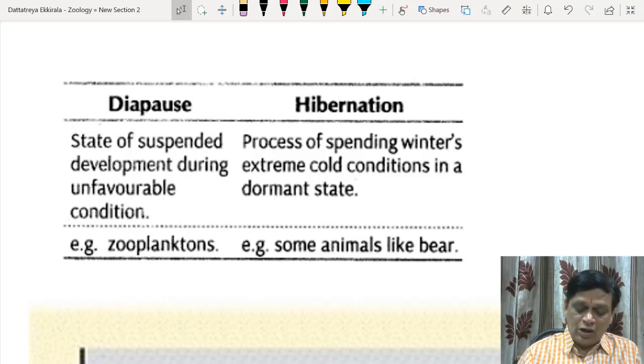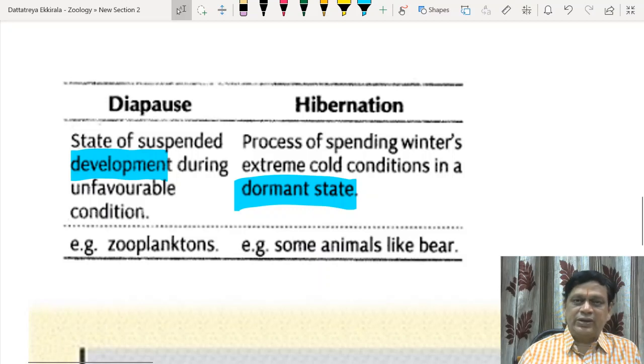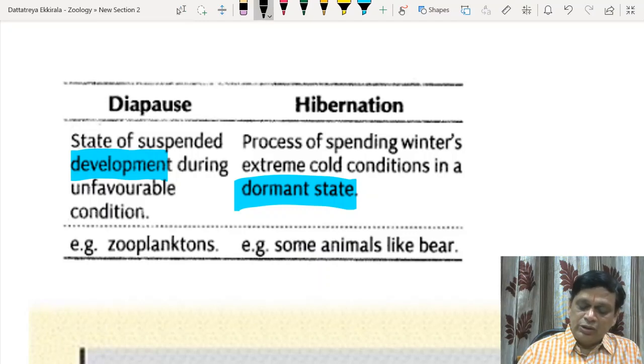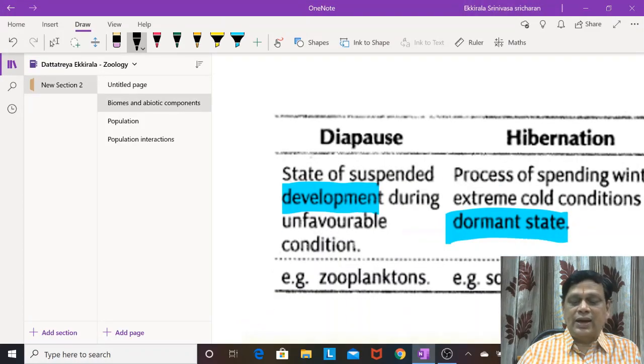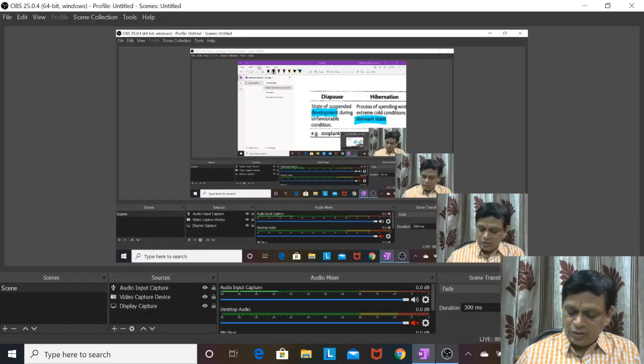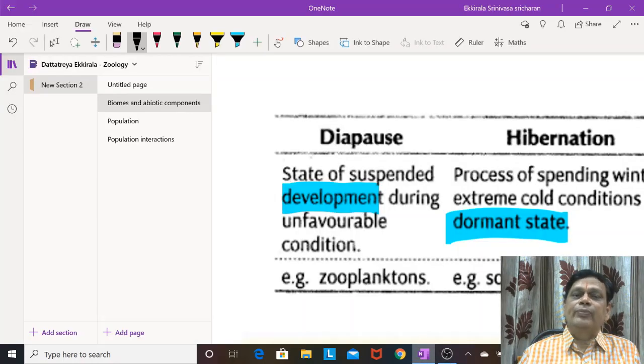So it is dormant condition. Dormant condition is hibernation. Diapause means stopping development. In particular, development is affected. That is in the case of diapause, right? So you have to study in detail about various adaptations and abiotic factors.